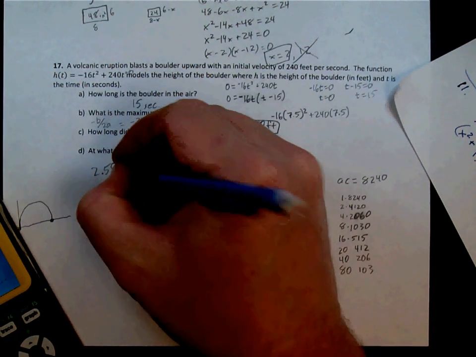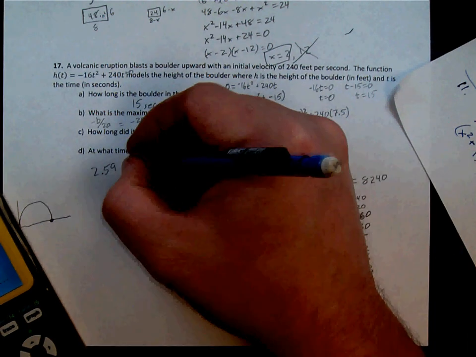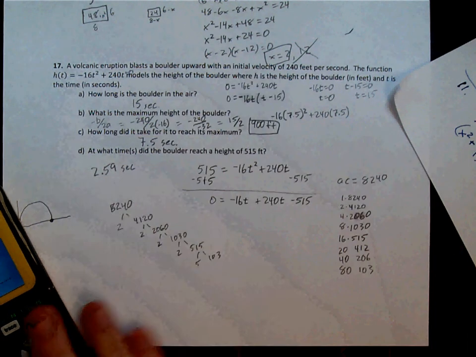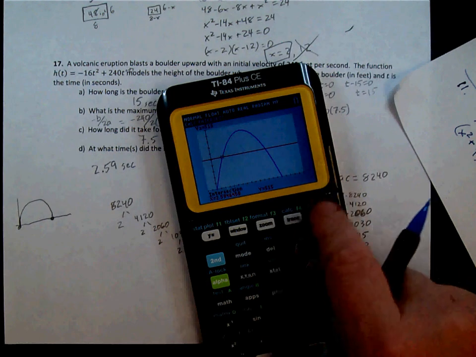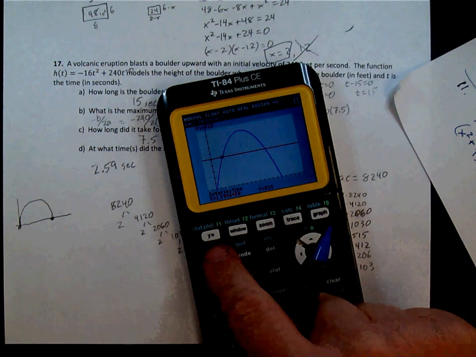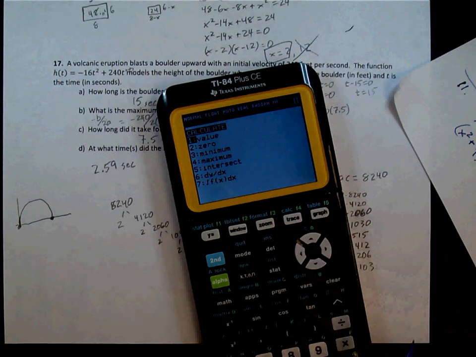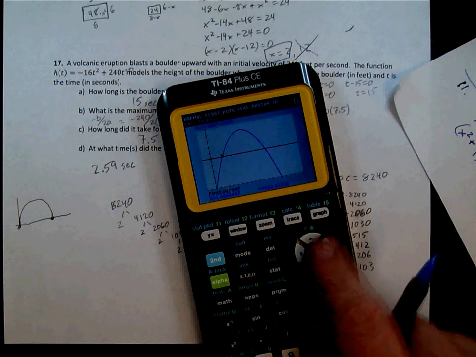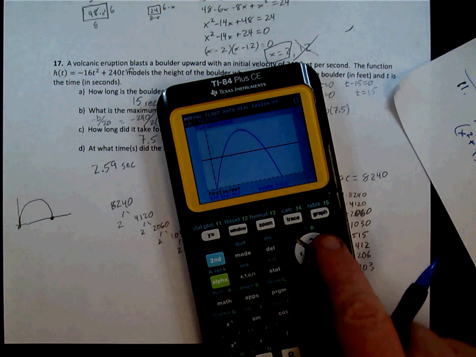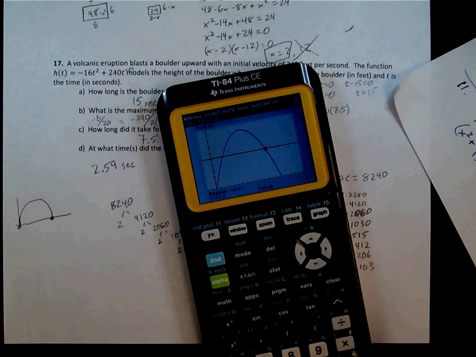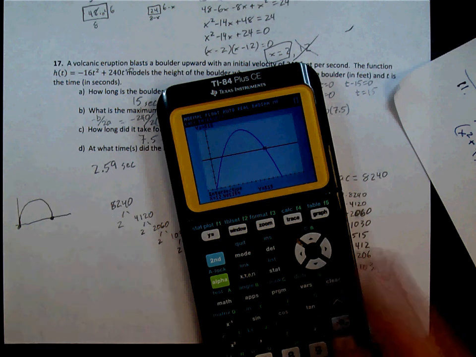That's why we're not finding it by factoring. Let's try the other intersection. Calculate, intersect is the fifth option down. I'll approach that other one, and we get about 12.41.